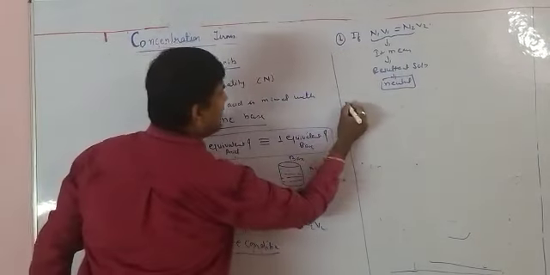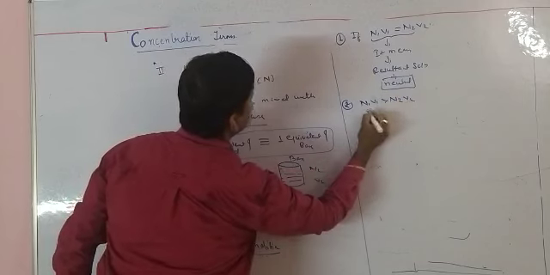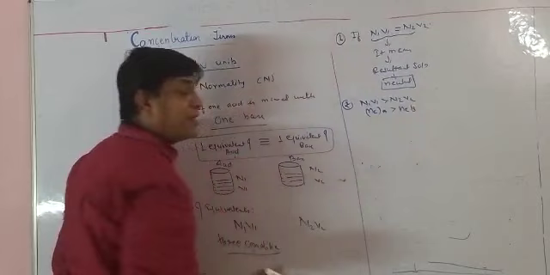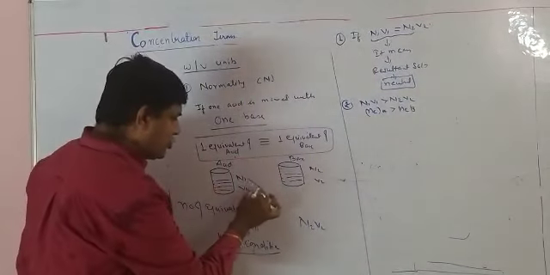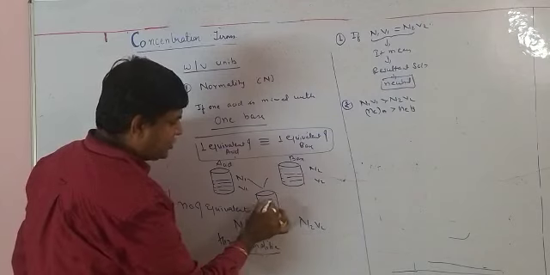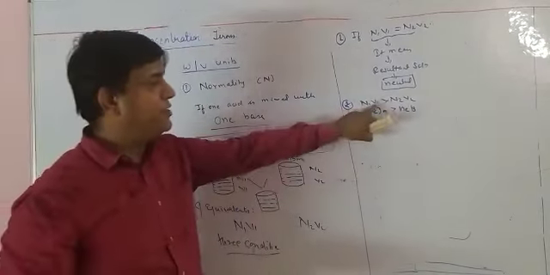But second case, if N1V1 is more than N2V2, that is the number of equivalents of acid is more than the number of equivalents of base, then what will happen? The resultant solution will be acidic in nature. Reason? N1V1 is more.